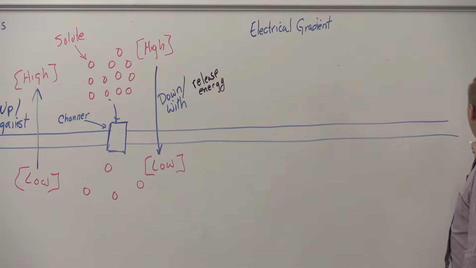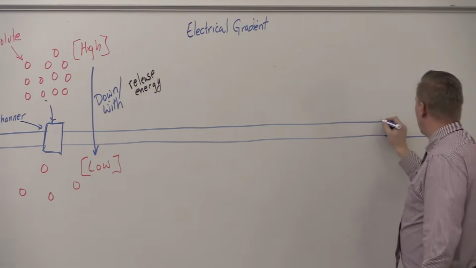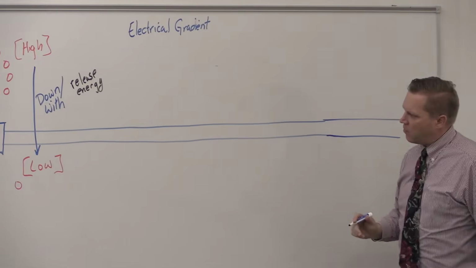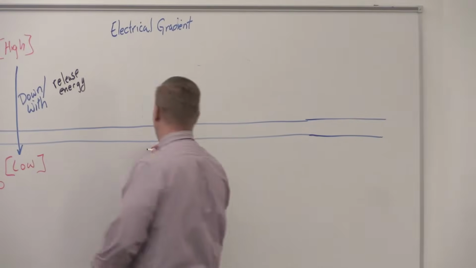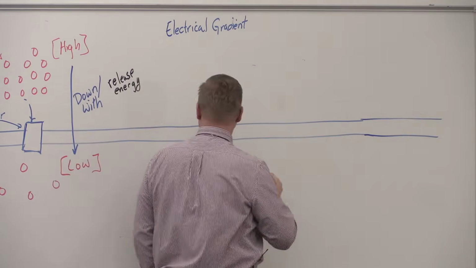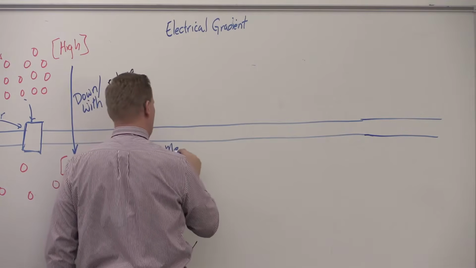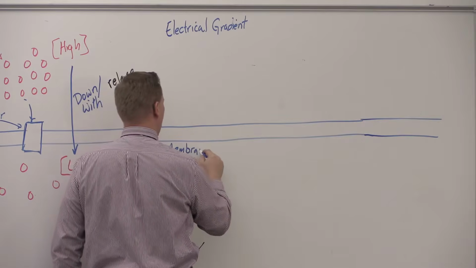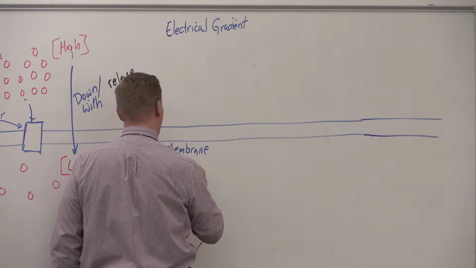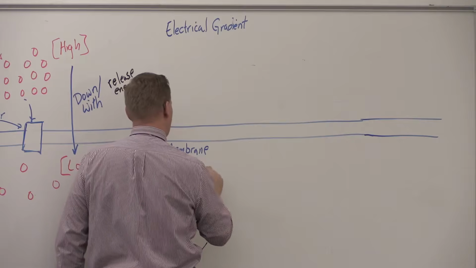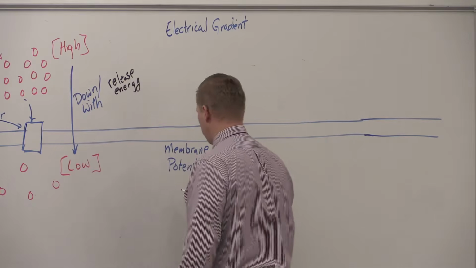Now, to understand electrical gradients, we have to understand a few things about the cell. And the first thing that we have to understand is that across the membrane, there exists a separation of charge. And that is referred to as the membrane potential.